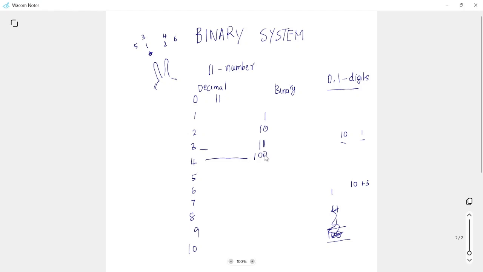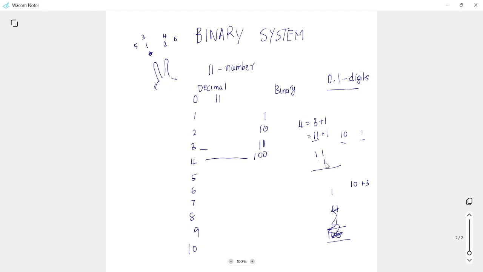But let me try to show you how we get 1, 0, 0 from 3 again. So 1 is 1, 2 is 1, 0, 3 is 1, 1. So 4 is nothing but 3 plus 1, right? 3 is 1, 1, and 1 is 1. How do you add 1, 1 and 1? So you put one over the other.